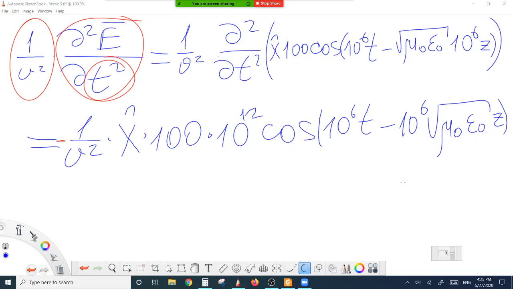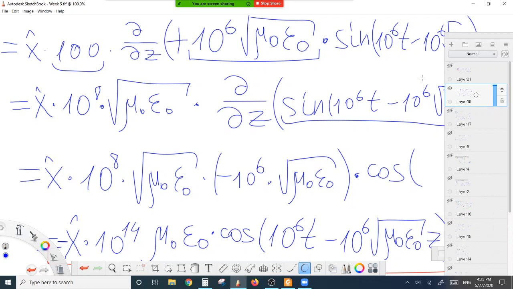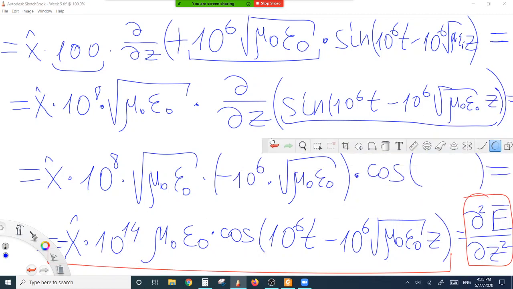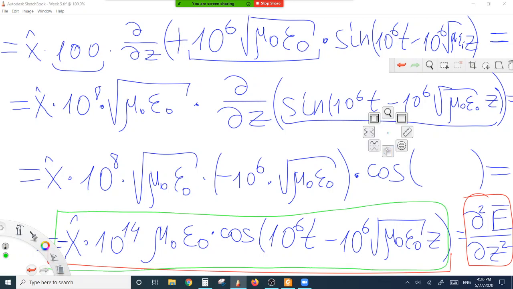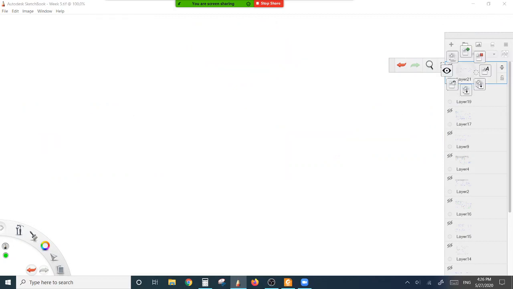Okay, and we should take this value and this value by the equation.